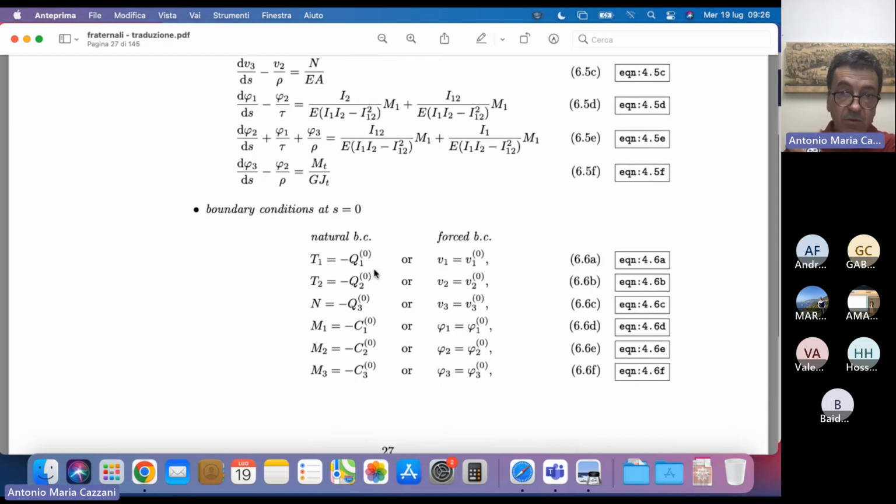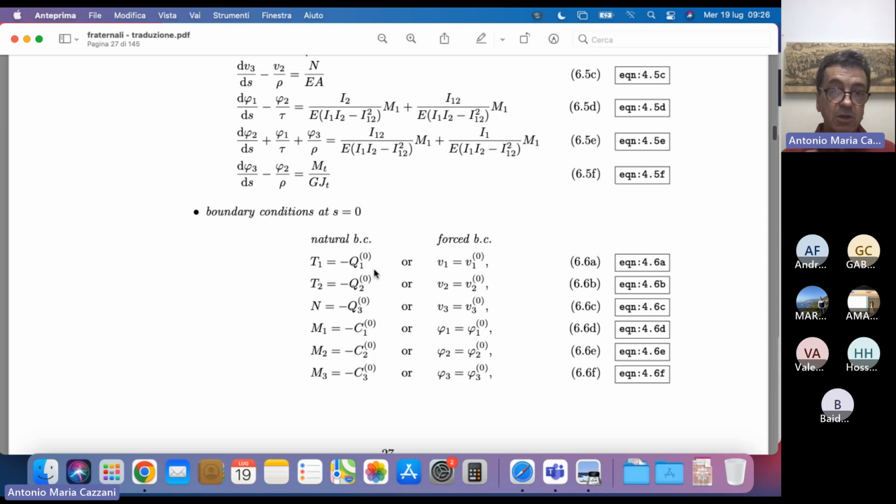Then we have, of course, the boundary conditions which take into account the effect of constraint of the beam. So, as is usual for beam problems, we can either prescribe at one end of the beam the force, or we have to prescribe the value of the corresponding displacement. When I say corresponding, I mean that they are conjugated through the principle of virtual work.